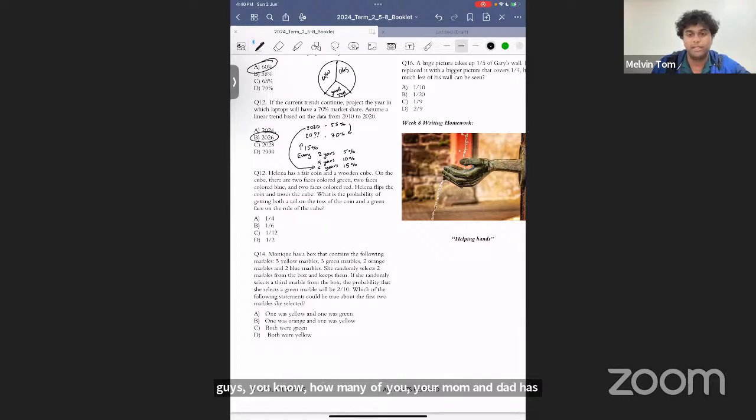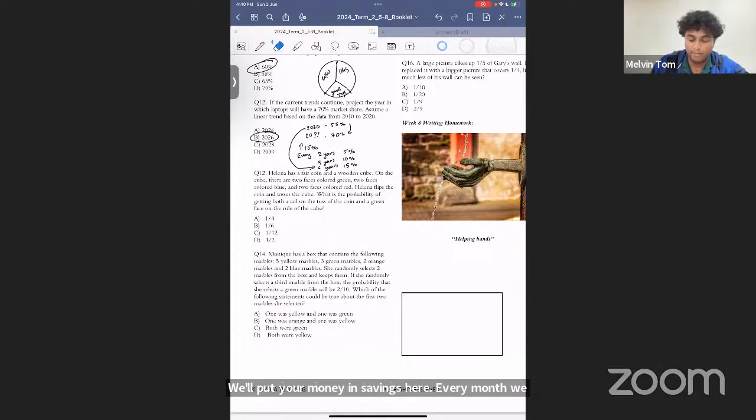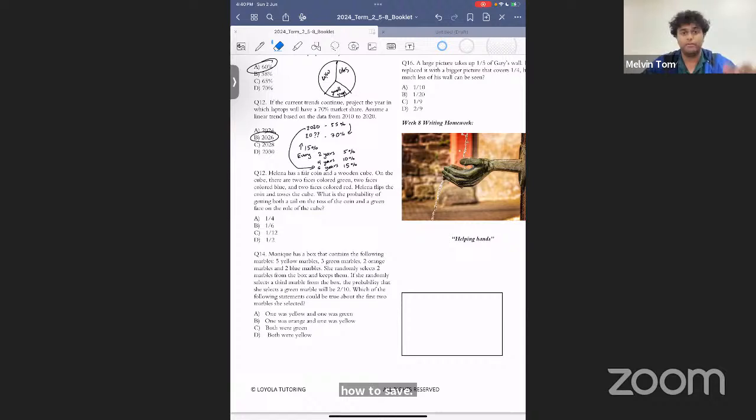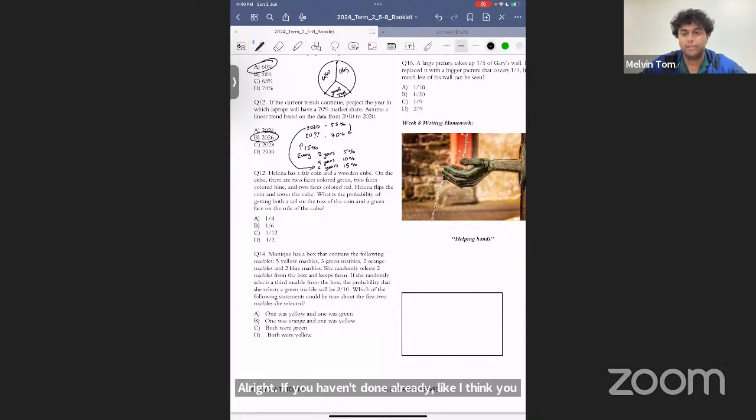So they put money for you in Commonwealth Bank or Bank West or one of those small accounts where they say, hey, here's your pocket money. We'll put your savings here. Every month, we want you to put in $10 so you save up money and you learn how to save, right? If you haven't done so already, I think you should do it. It's really cool. You get to learn how to manage money, things like that.